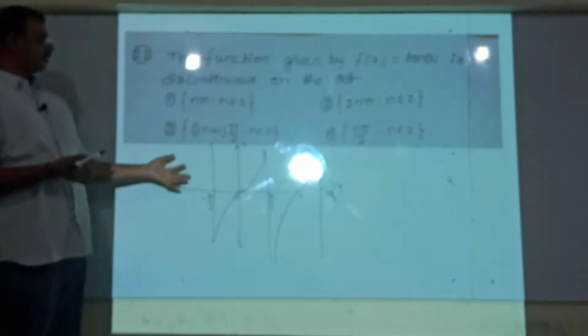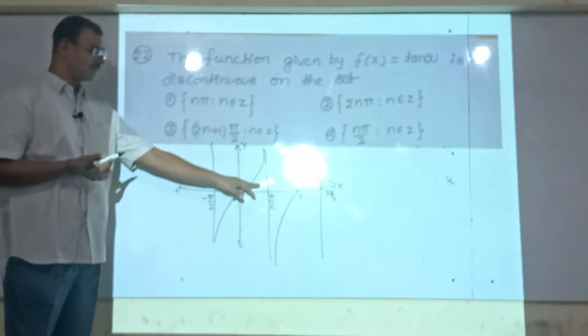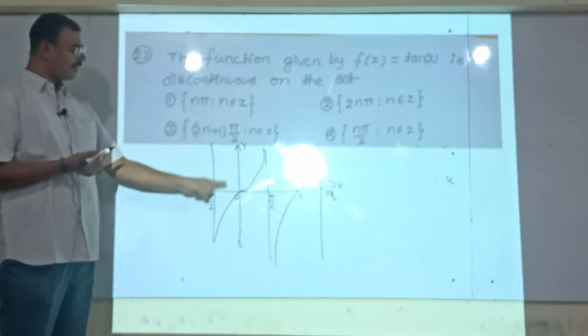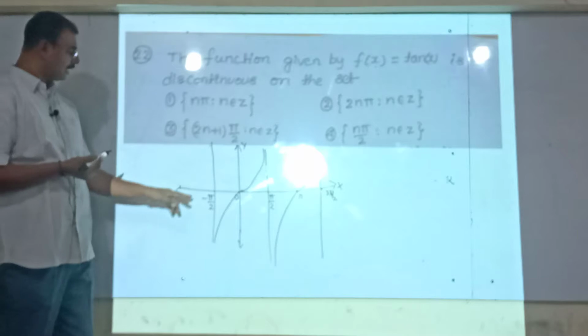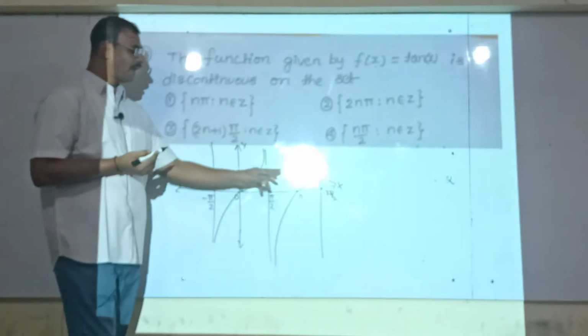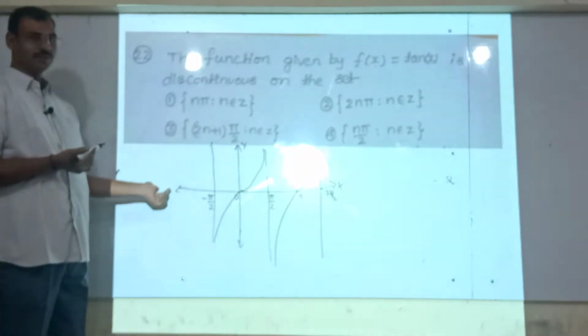So according to the graph we are observing that from minus pi by 2 to pi by 2 it is continuous. It is not defined at pi by 2 and minus pi by 2, and at 3 pi by 2 and minus 3 pi by 2.